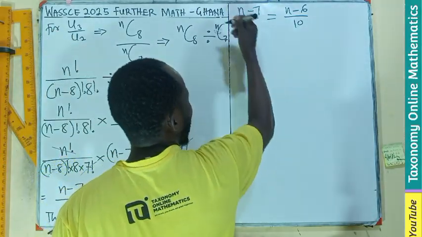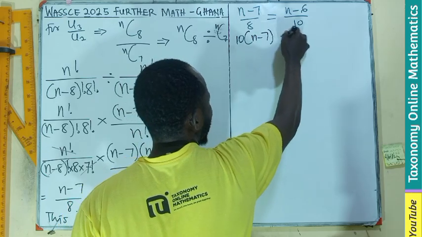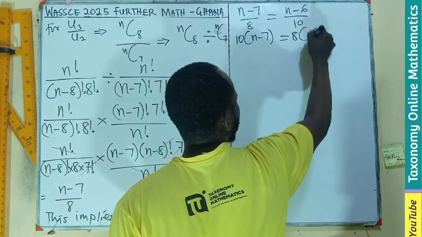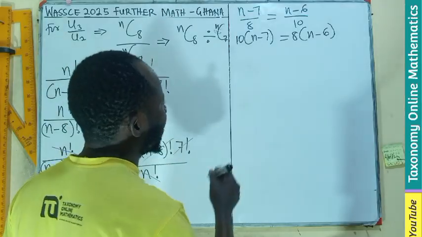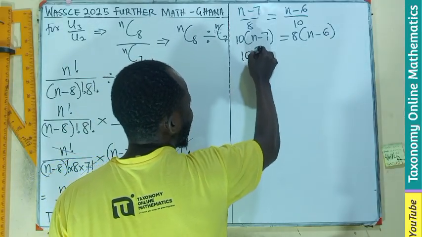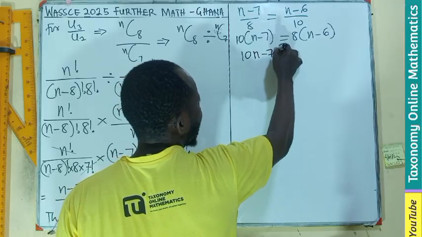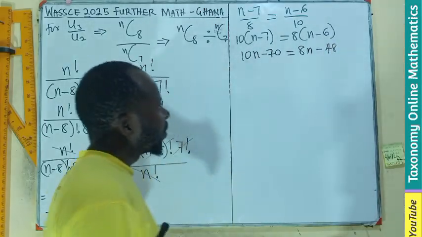If you cross multiply, you have 10 times n minus 7 equals 8 times n minus 6. Can we expand? This will give you 10n minus 70 equals 8n minus 48, right?